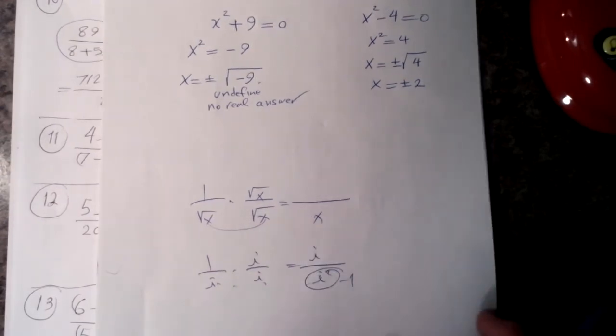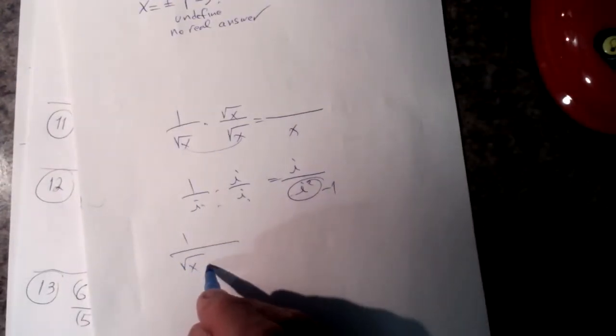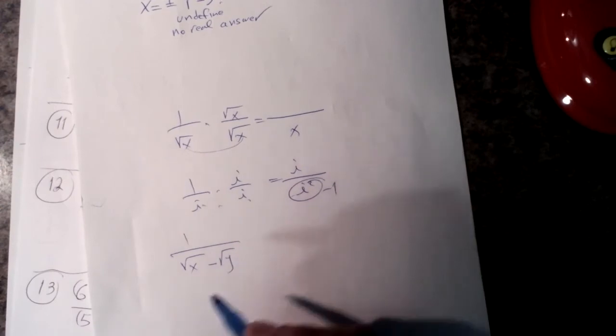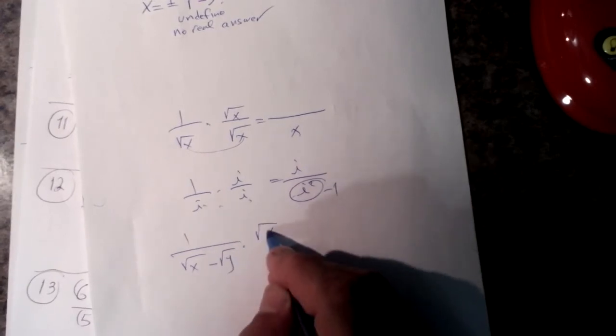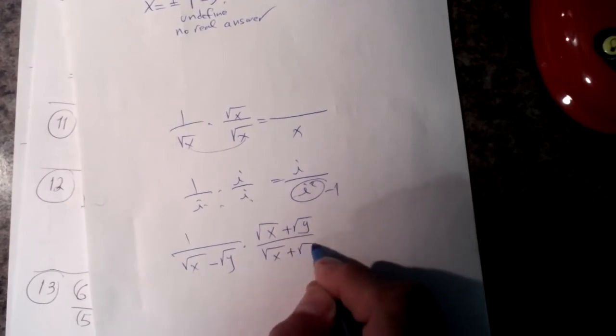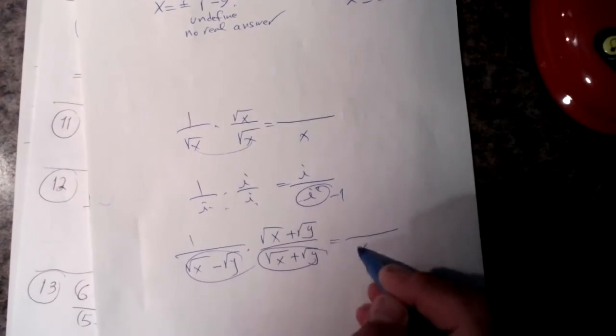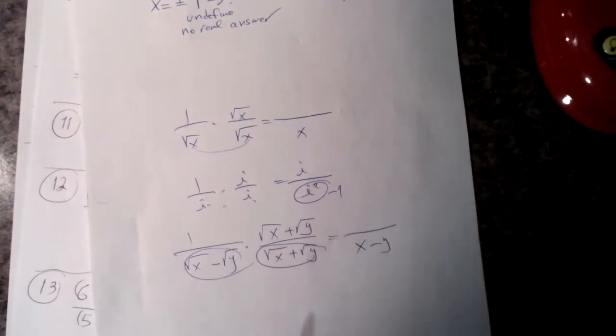Very similar to rationalizing. Or in rationalizing, if you had radical x minus radical y, you multiply by radical x plus radical y over radical x plus radical y.